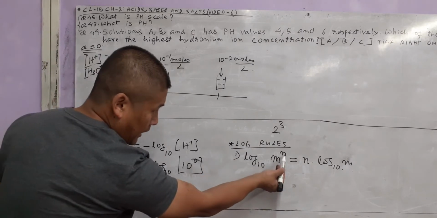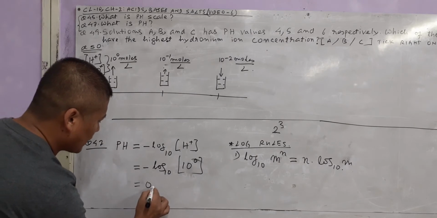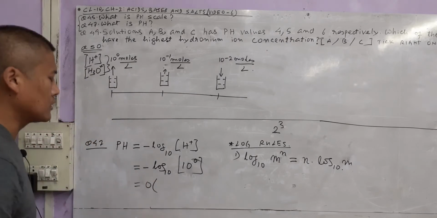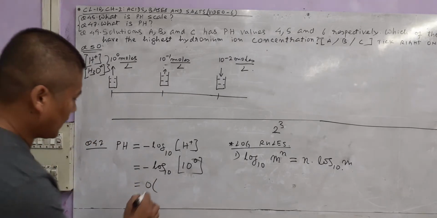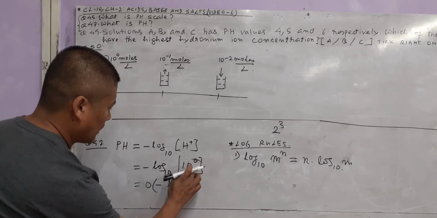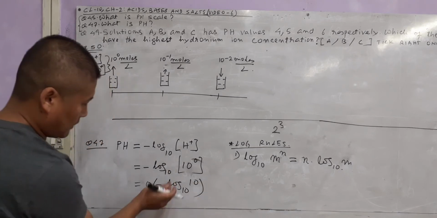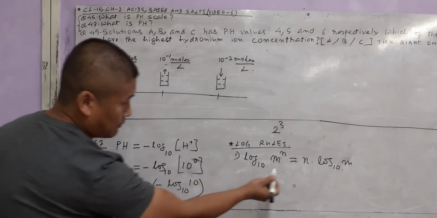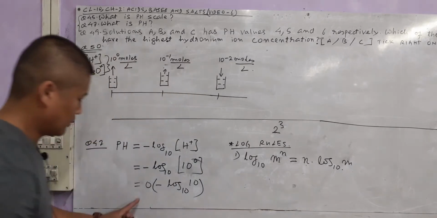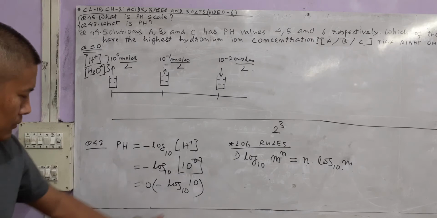So 0 is like the n. So bring the n front means 0 will come in front, and the remaining is the same. So here minus, here log, and here 10 to the base 10. This portion 0 has come front, just like the power n has come front. So here we have 0 into minus log 10 to the base 10.